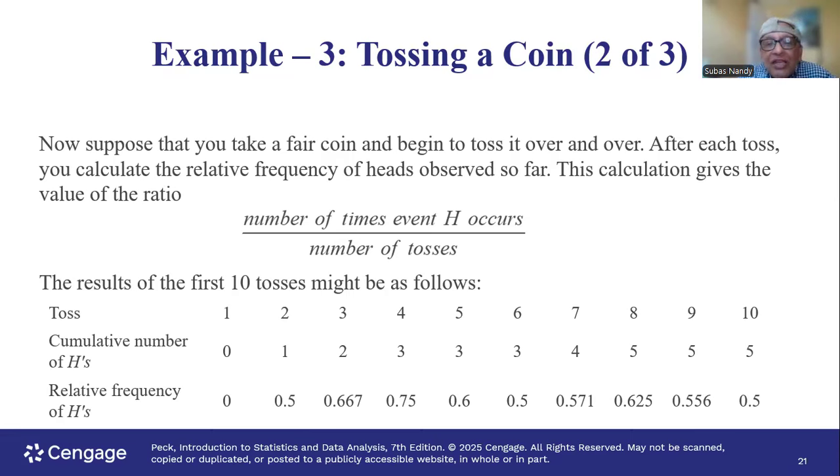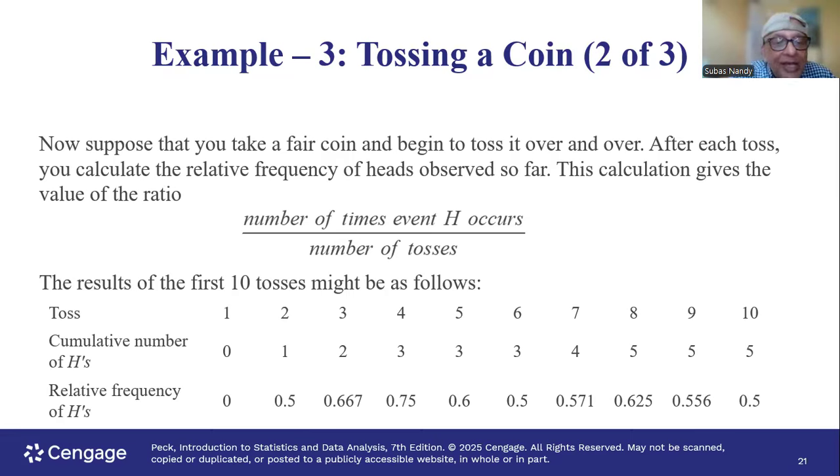And then the second row of numbers, 0, 1, 2, 3, is the number of heads. Cumulative means including that particular toss and the ones before it. For example, for toss number 2, you got one head. For toss number 1, you got 0 heads. So the cumulative number of heads up to toss 2 is only 1.